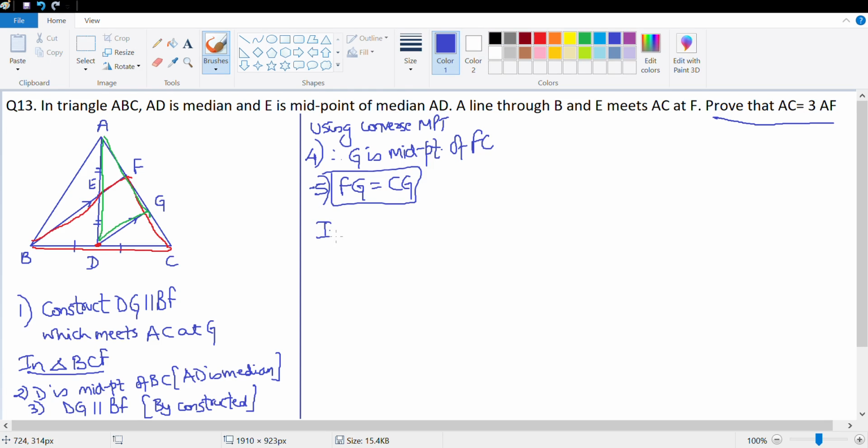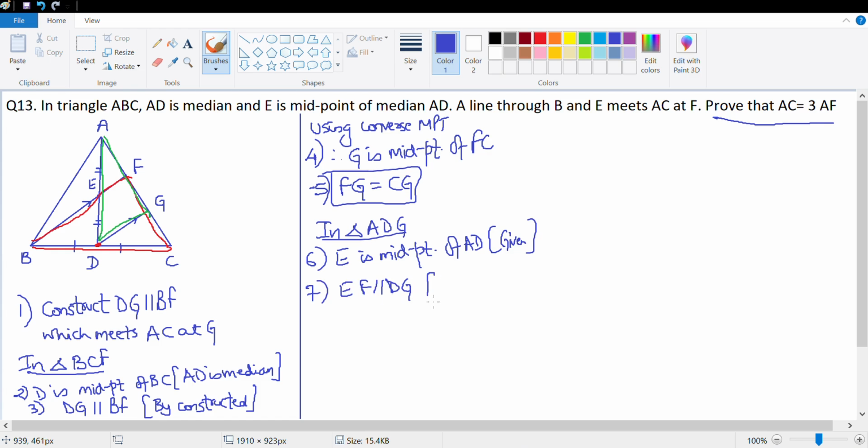So in triangle ADG, what do I have? Number 6 is E is midpoint of AD. This is given. And number 7 is EF is parallel to DG. This is by construction. We've constructed it like this.